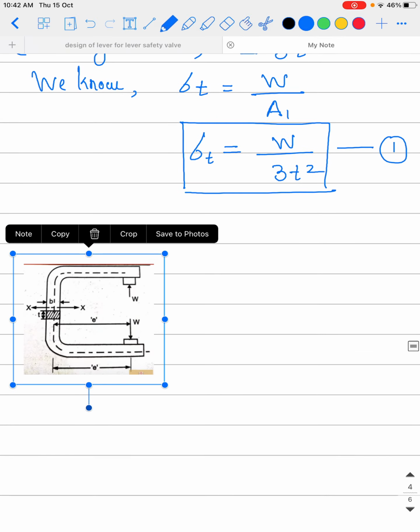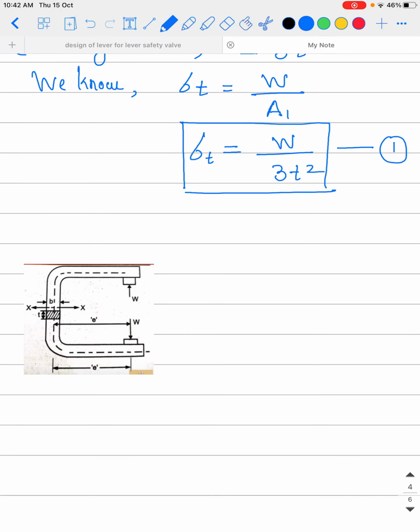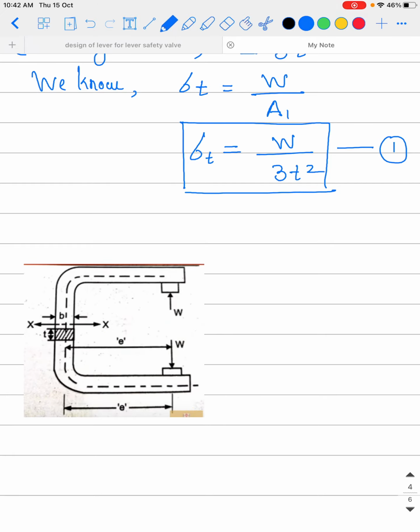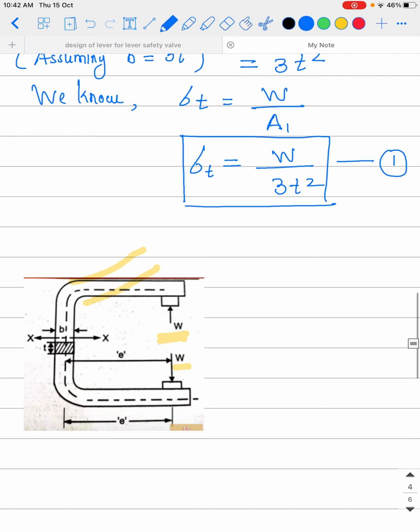Now, secondly, as we are seeing over here, this load is eccentric, and because of this there may be a bending on this link. So for that, again, we are going to find out the failure in bending.